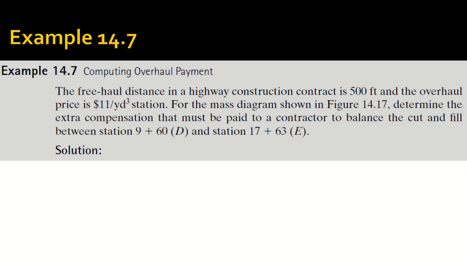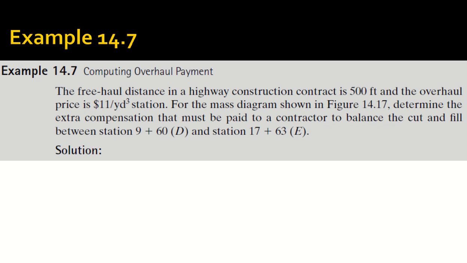So let's say for this project, the contractor agreed to not have any payment for 500 feet of transfer. Up to 5 stations, he will transfer the material from cut to fill without any extra payment. So what do we call this 500 feet? Free haul distance. Anything more than that, I will charge you extra.